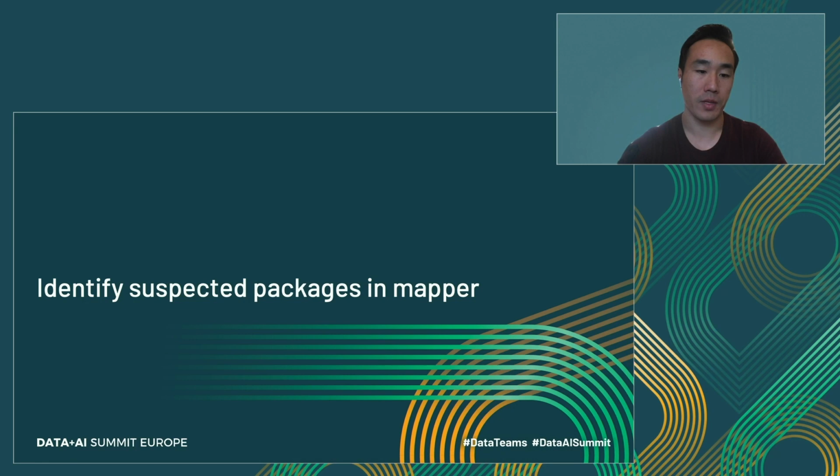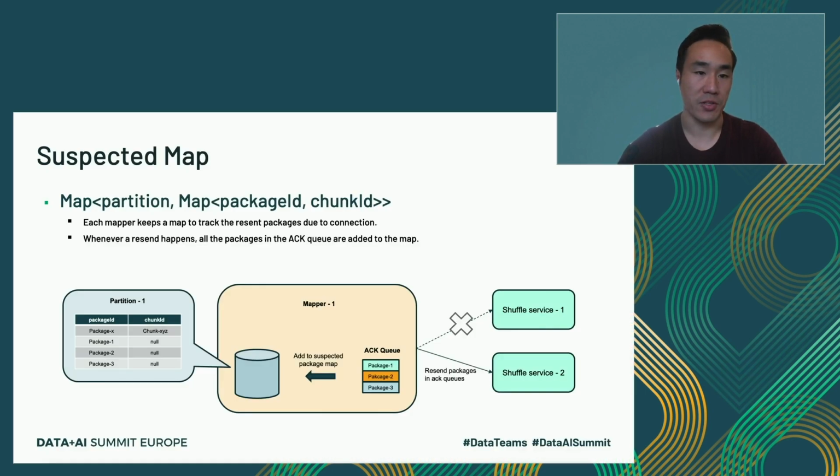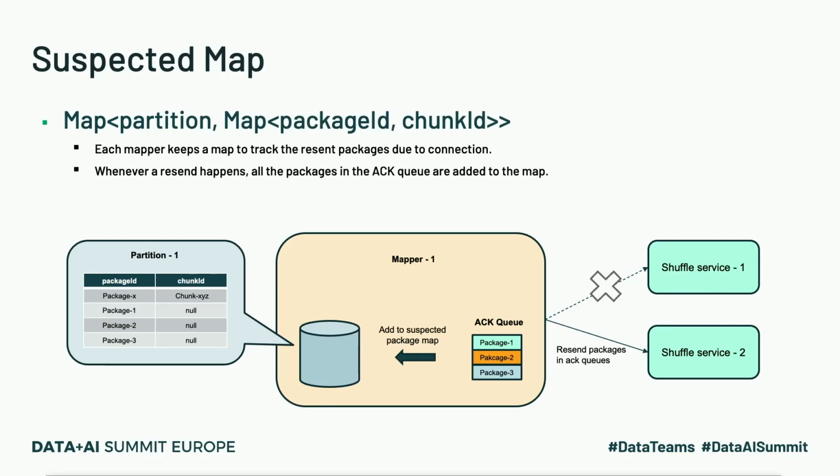So, if we can identify all suspected packages and pass the info along from mappers to corresponding reducers, would that help with deduplicating packages? The answer is yes. Each mapper would bookkeep all the suspect packages it observed, basically by adding all those packages being resent to different shuffle services due to missing ACK messages.